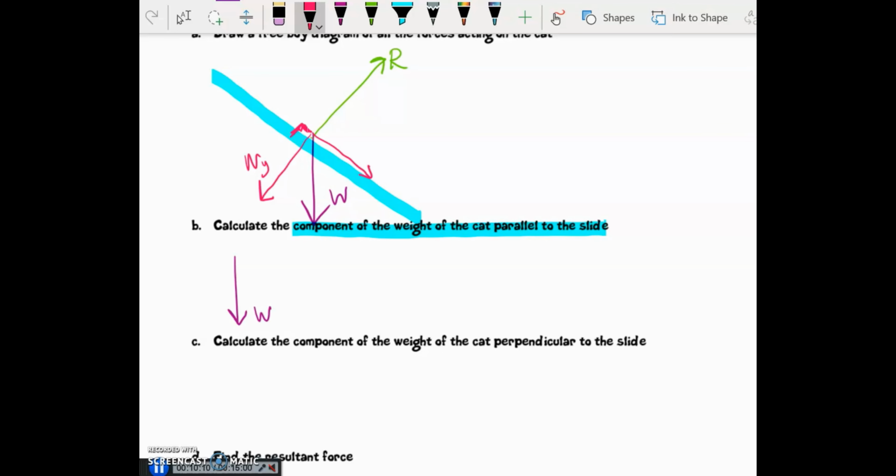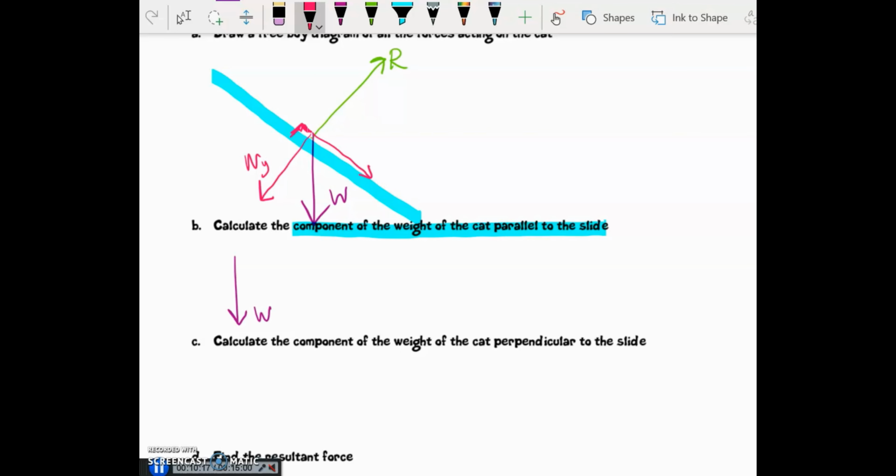It must be a straight line. Okay, that is just my rough drawing. So it should be parallel to the slide. Okay, transfer here. wy and wx.